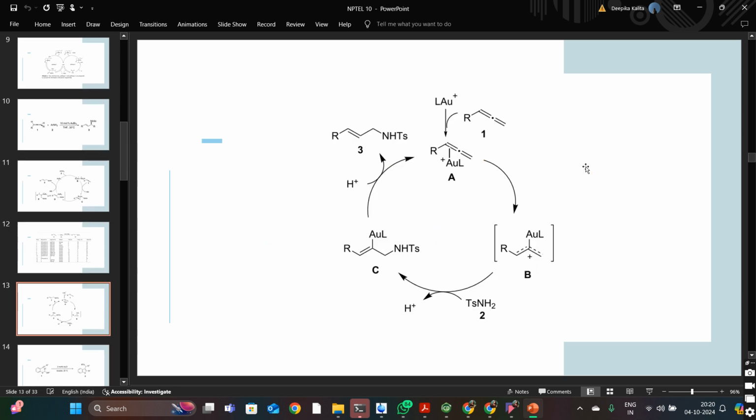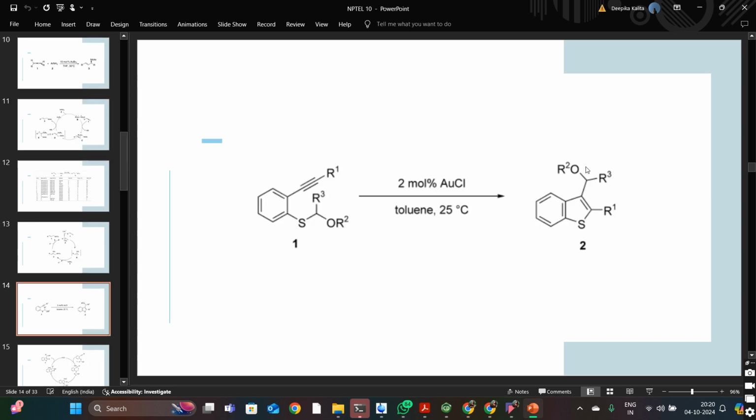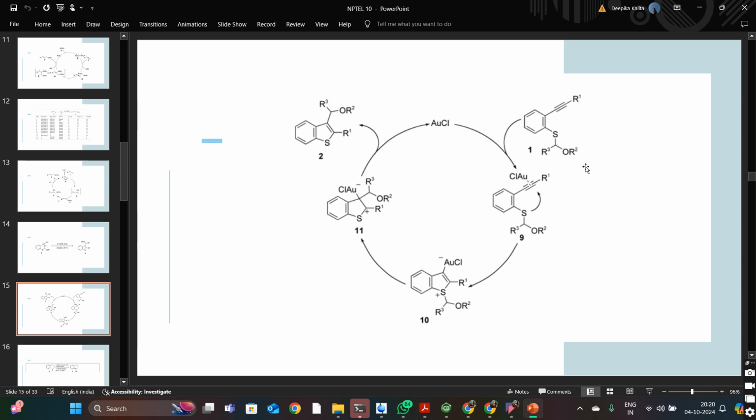Again, gold activated the allene, and then the aromatic amine underwent intermolecular hydroamination reaction to give us the alkene. Then we came across this uncommon reactivity where we saw that this alkyl shift from the sulfur atom took place to give us this desired product 2.